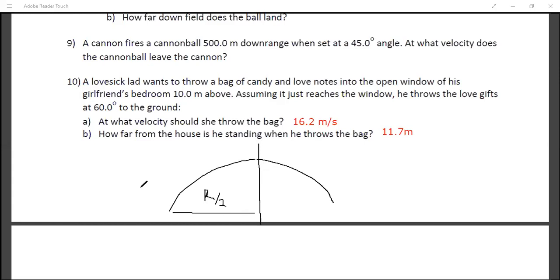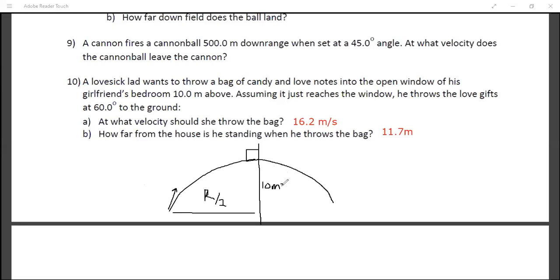Yeah, Bhavish? Sir, I didn't understand the A part, sir. Can you please explain again? A part, right? Here is the window, correct? And it is going to be thrown at a certain velocity so that it reaches the window. It is nothing but the maximum height it has to attain to just enter the window. And the window is 10 meters. So you are using the formula u square sine square theta upon g, not 2g?